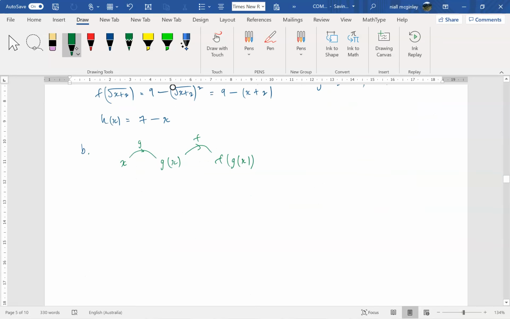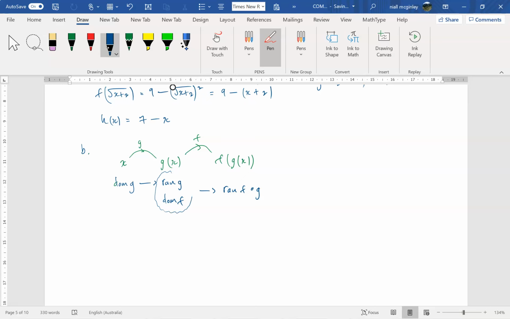So we start off by concentrating on the first part of the composite function. Start with the domain of g, and that maps to the range of g. And then the second part of the function is f. That starts with the domain of f, and we're going to end up with the range of fog.